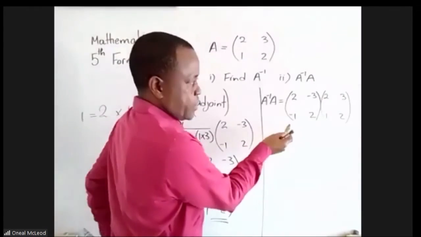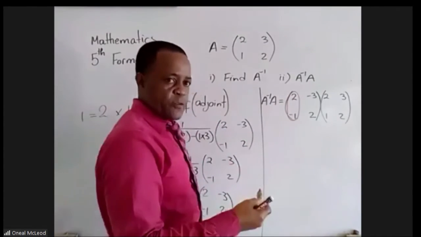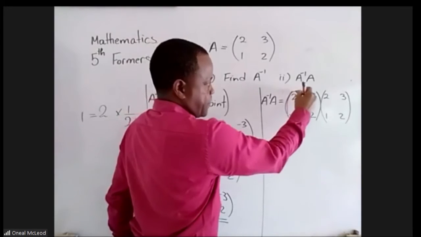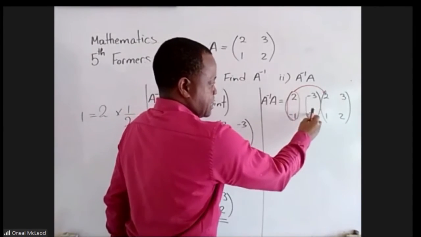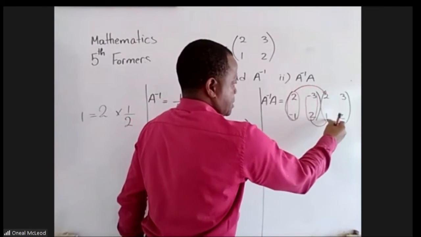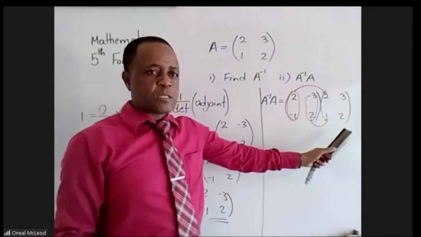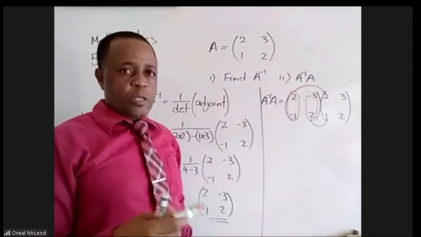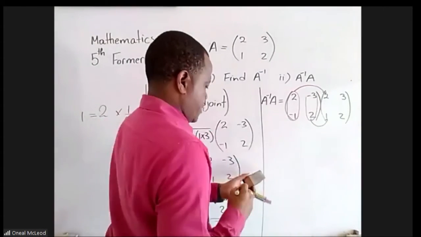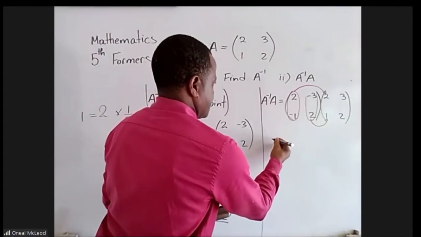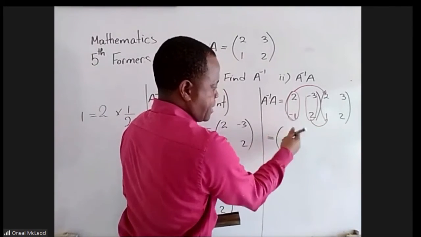So how do we go about doing that? We use our distributive property. The 2 in the first will be distributed to that 2, while these 2 will be distributed to that 1. Please note that we have 2 columns there, so the distributive thing that we're using must be done 2 times. So we open our bracket here. We slide down the 2 and the negative 1.